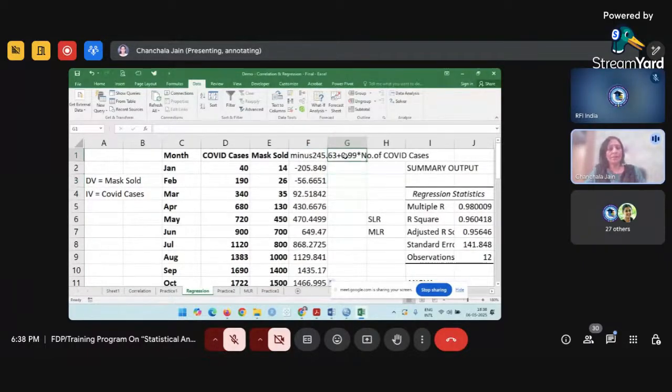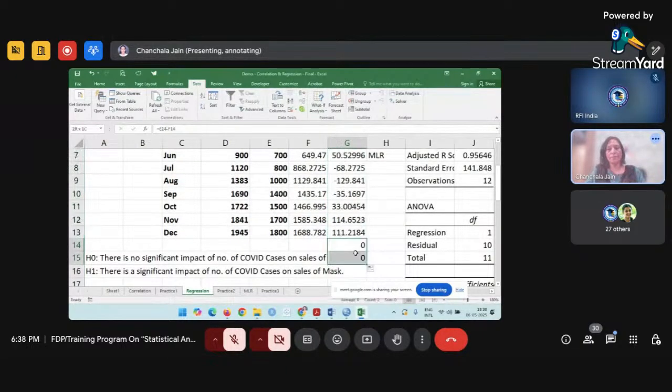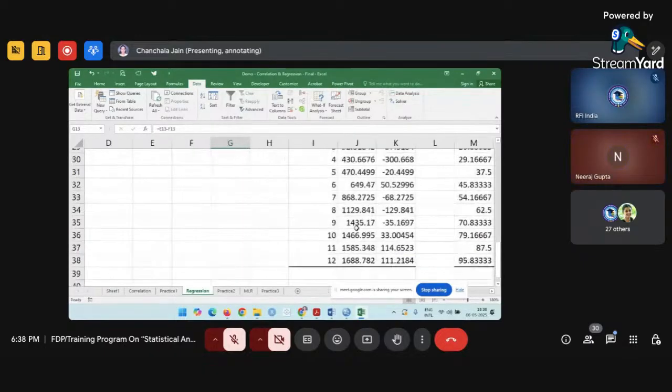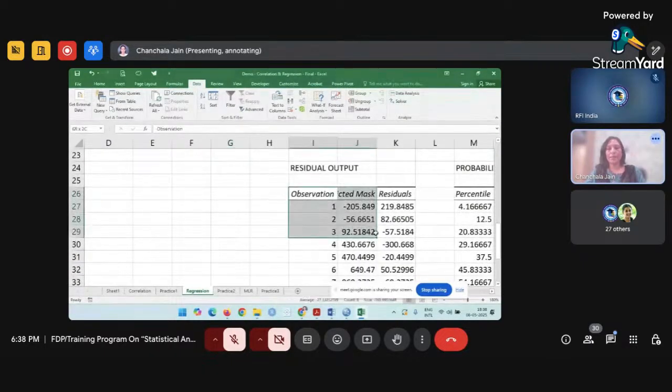Now you can see the difference, that is actual minus predicted. Actual is this minus this. So this is the error term. Fine, everyone? Yes, ma'am. And you can find the same output is generated by Excel also.